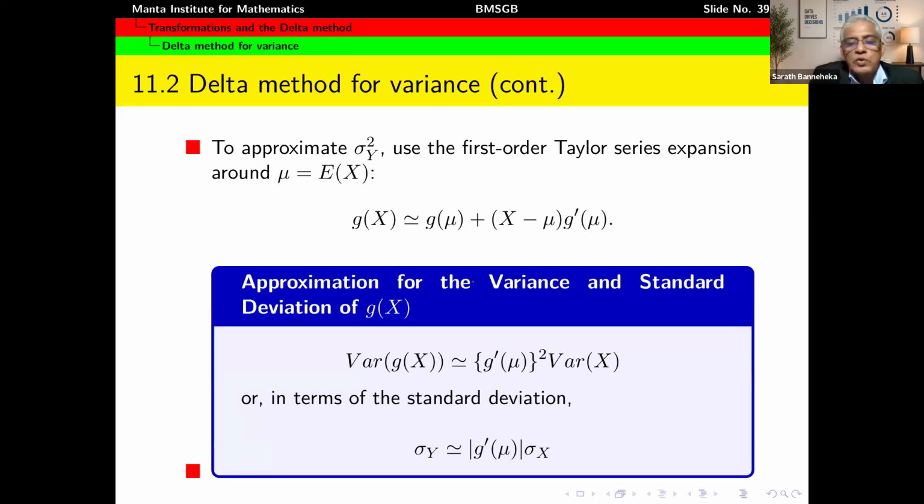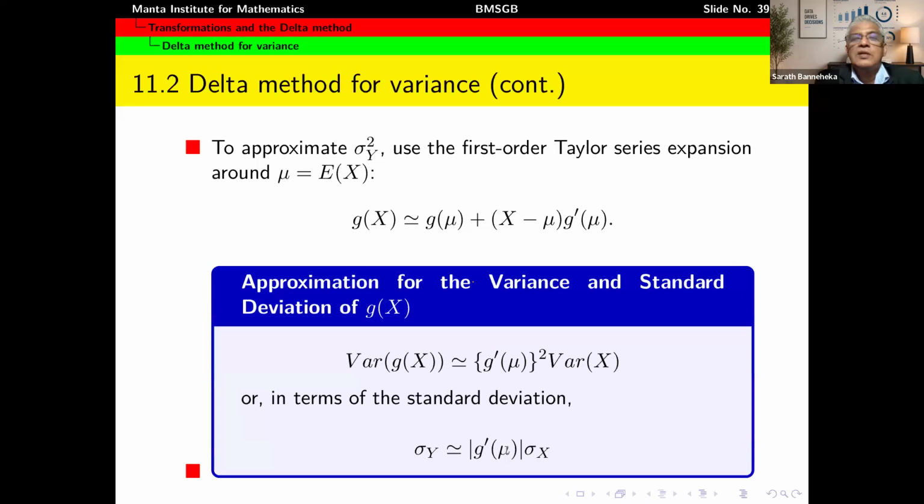And if you take the square root, then we can get the standard deviation. The standard deviation of y, that is the standard deviation of g(x), will be equal to the absolute value of g dash times the standard deviation of x. When you take the square root of this square term, we don't consider the negative value, because for the standard deviation we get only the positive value.